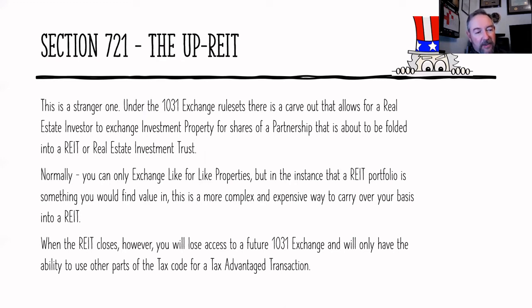As you can imagine, there's a whole lot of complexity and uncertain timeframes in this. And once you UP-REIT into a REIT, you're out of the 1031 marketplace. You still can possibly exchange your real estate investment trust units through an installment sale variant or through charitable gifting. But if you're carrying over that basis, well, this is kind of like almost an end play.